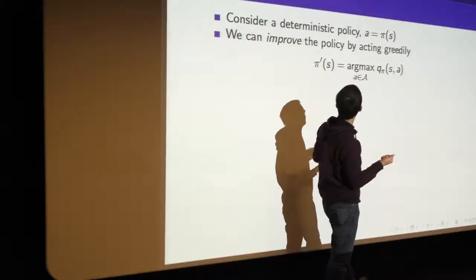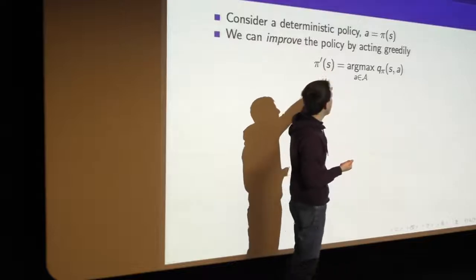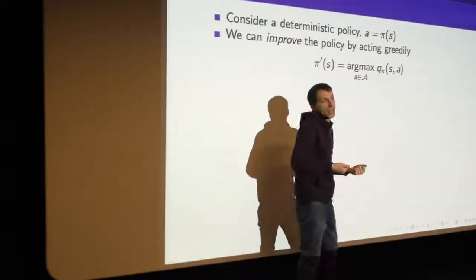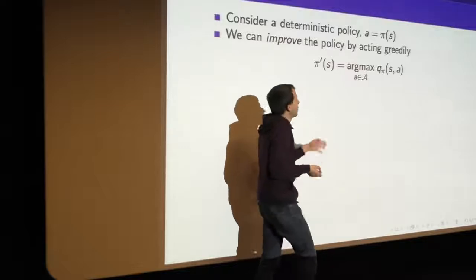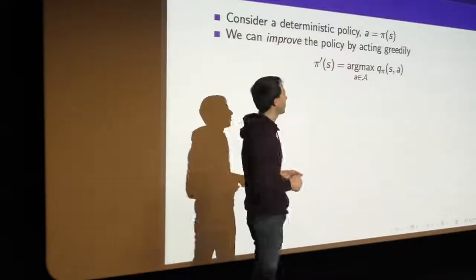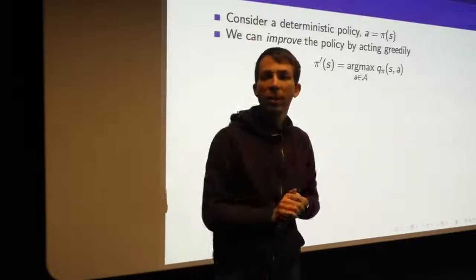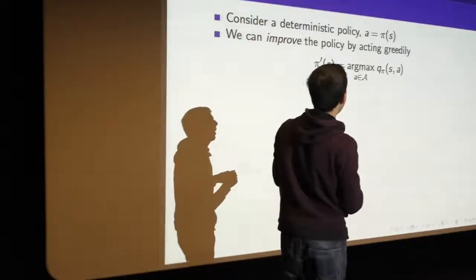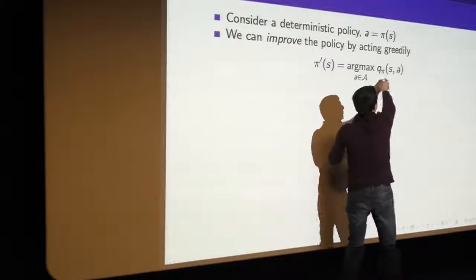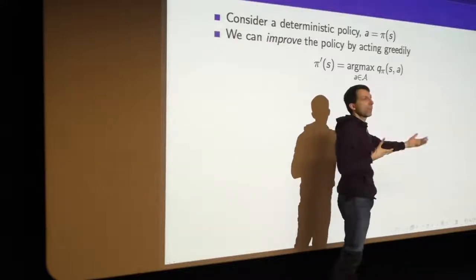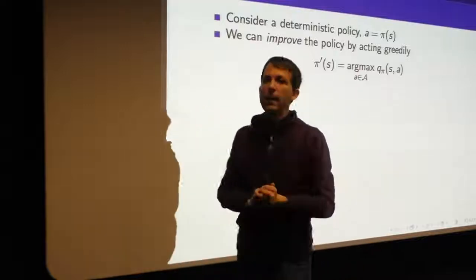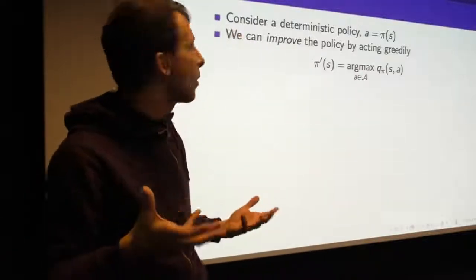So what we want to do is pick the action that gives us the maximum action value, the most Q. That's what this argmax means. It just returns the action that maximizes this quantity. And Q, remember, is just the immediate reward when you take action A plus the state value function where you end up. So that's what it means to act greedily.